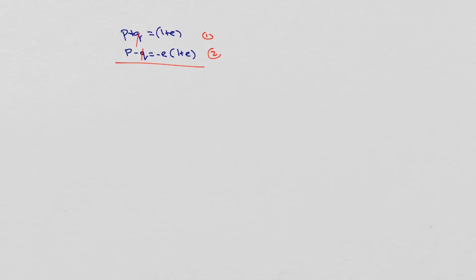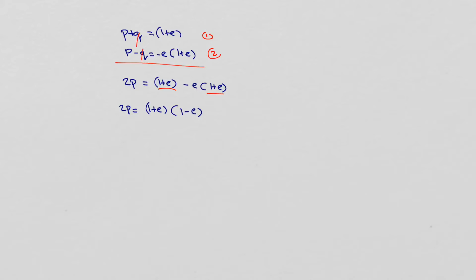I'm not going to need to do anything to either of the equations, which gives me 2P is equal to 1 plus E minus E times 1 plus E. So if 1 plus E is common there, and I take out the 1 plus E as my highest common factor, well then I'm left with 1 minus E.